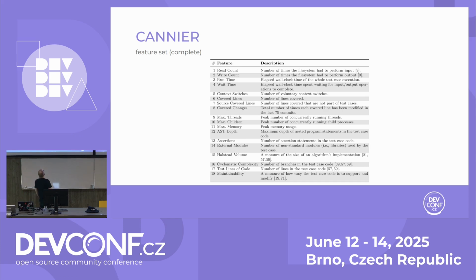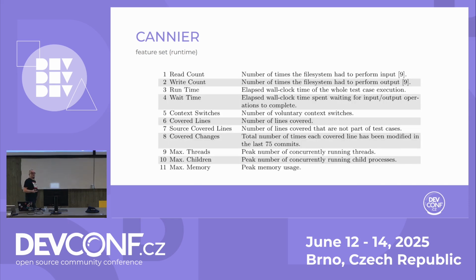So here's the complete set of features. I don't know if you can see that, can you read that? Okay, good. There are two parts of the features. There is a set of runtime features that you're going to consider, like read count, write count, memory consumption, other things that you can record at runtime.